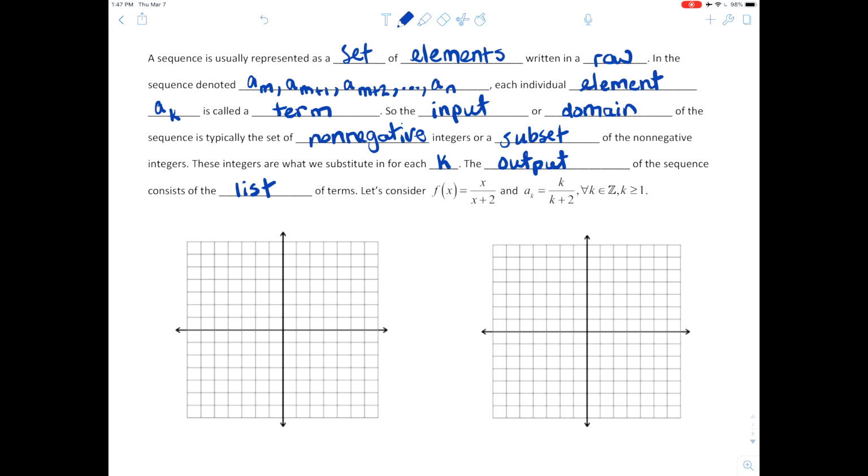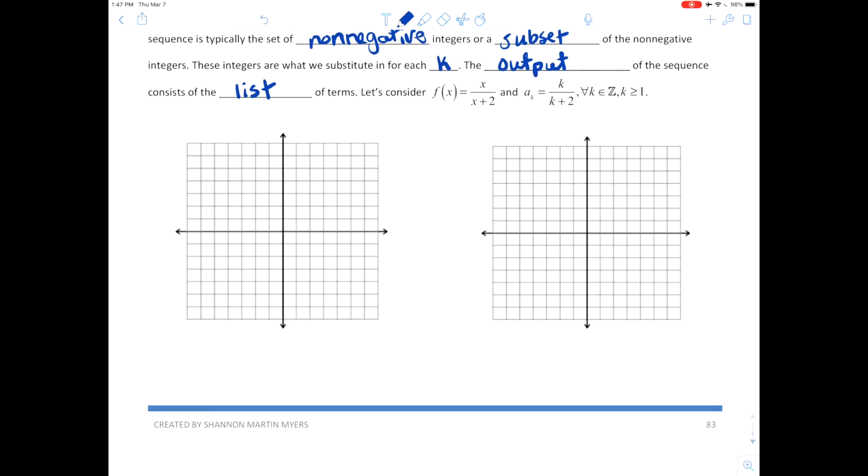All right, so let's consider a function and a sequence that are very similar. Hopefully you're okay with this notation now. The upside down A is for any k belongs to the integers, k is greater than or equal to 1. That goes with the second expression, the sequence one.